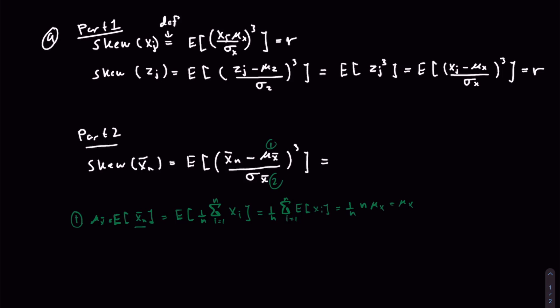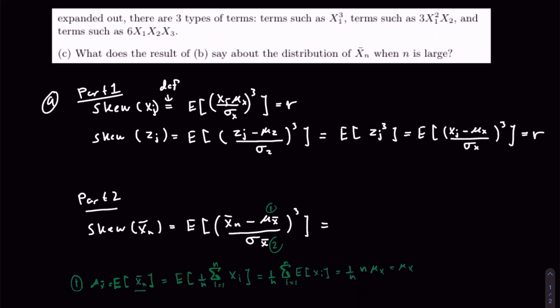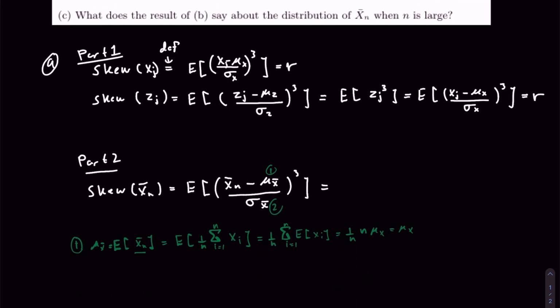Well, mu x was defined as mu here, but I'm just trying to be extra careful to define by an index what we actually are quantifying.